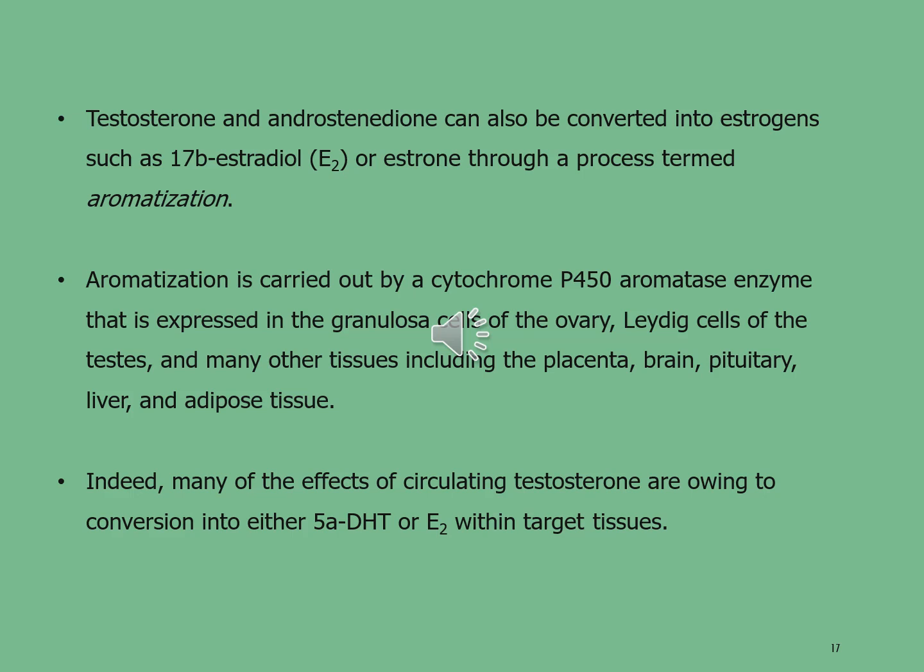Aromatization is carried out by the cytochrome P450 aromatase enzyme, which is expressed in the granulosa cells of the ovary, Leydig cells of the testes, and many other tissues, including the placenta, brain, pituitary gland, liver, and adipose tissues. Indeed, many of the effects of circulating testosterone are owing to conversion into either 5-alpha dihydrotestosterone or E2 within the target tissues.